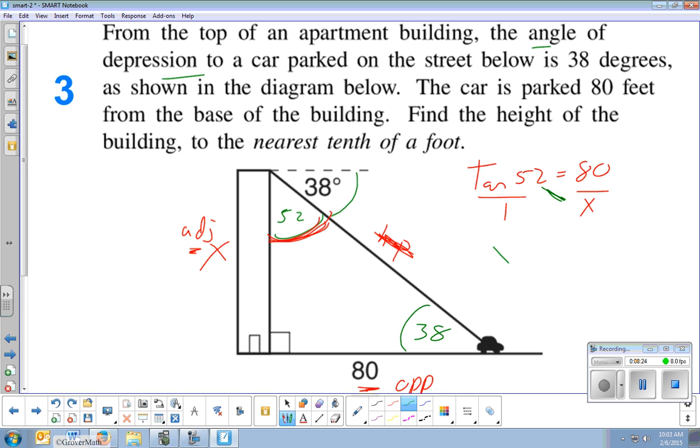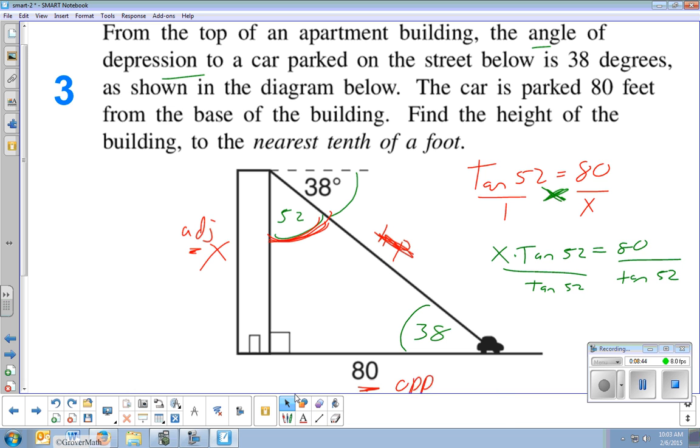So multiplying that, you can't because it's x. So you get x tangent 52 equals 80 times 1 is 80. And so the extra step here is now to solve for x, I need to divide by tangent 52. And so I do 80 divided by tangent 52.